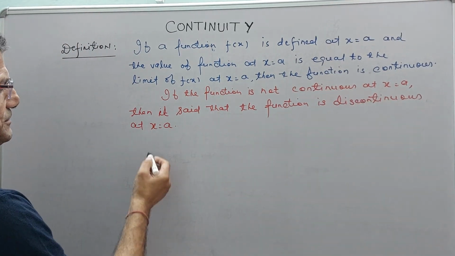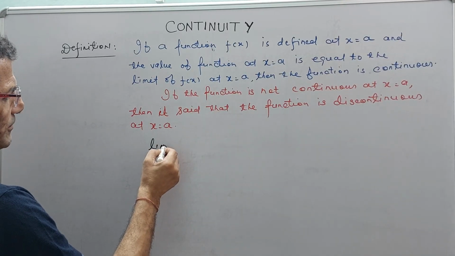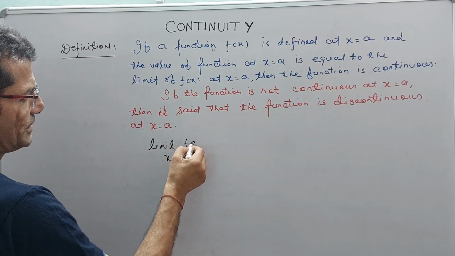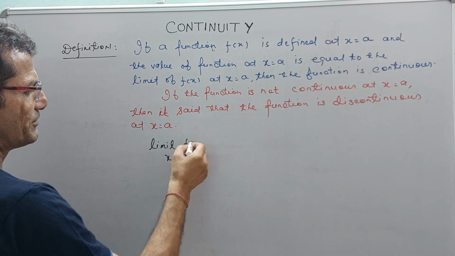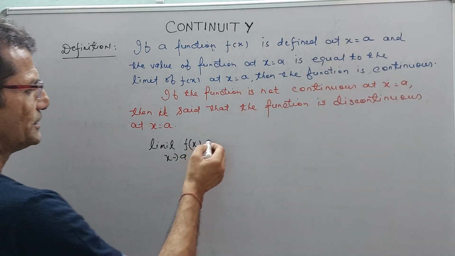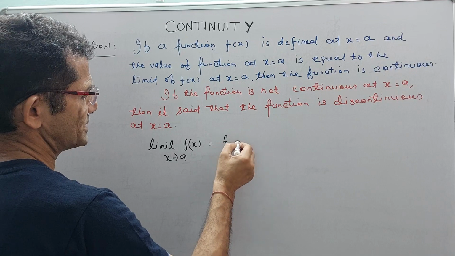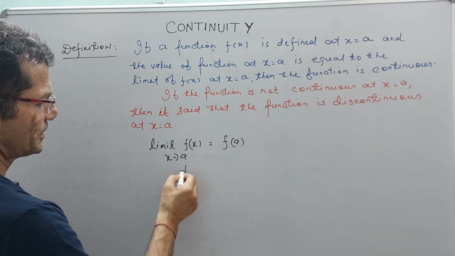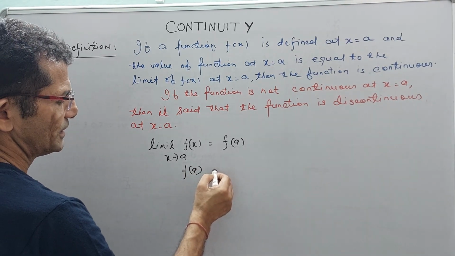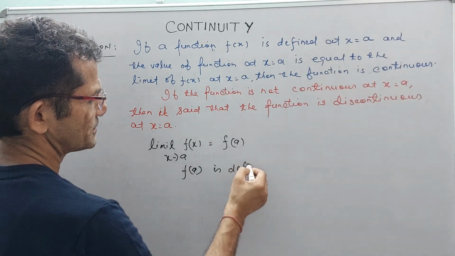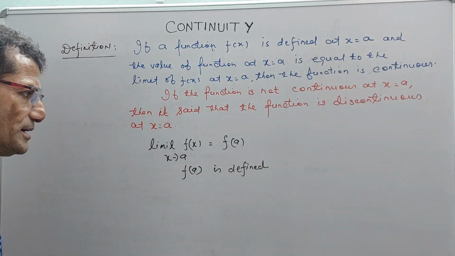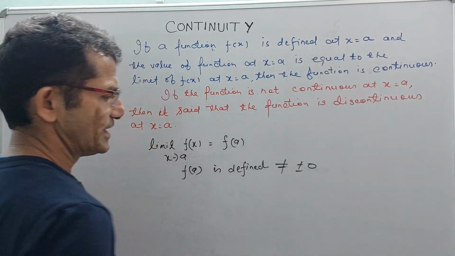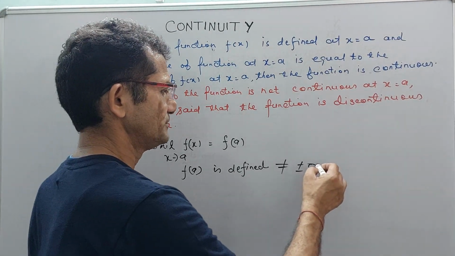So now in the language of mathematics, the limit of f(x) as x tends to a is equal to the functional value of the function at a, which is f(a), and also f(a) should be defined. f(a) is defined means that its value cannot be plus or minus infinity. Plus or minus infinity is not a real number.